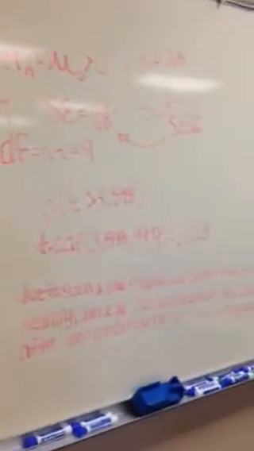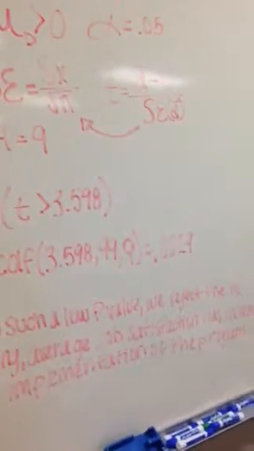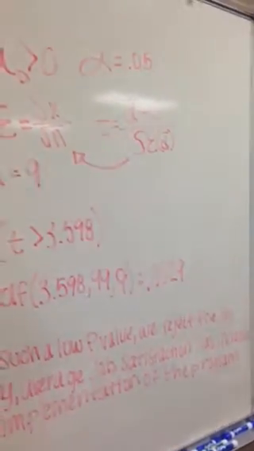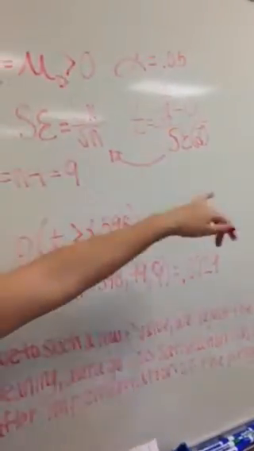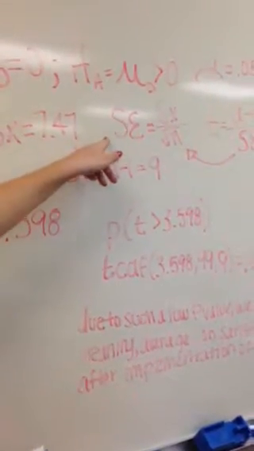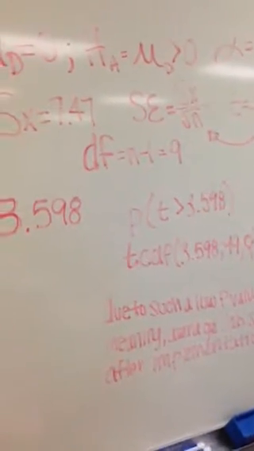And then you plug it into your t-score value, which is the average difference, minus 0, because that's what's in your hypothesis, over the standard error. And the standard error is the standard deviation over the square root of n, and n is 10 because there were 10 people participating.